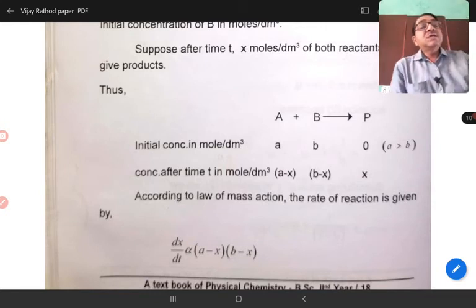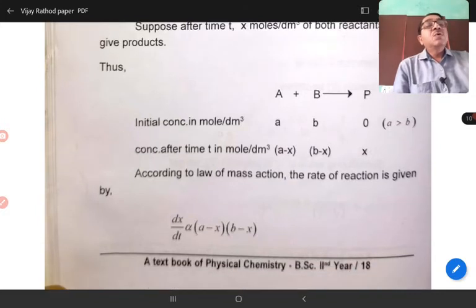Now the concentration after time t in moles per decimeter cube is a minus x and b minus x, meaning some part of A molecule is converted into x, so shown here a minus x, and some part of B molecule is converted into x, so shown here b minus x, so the product is x.